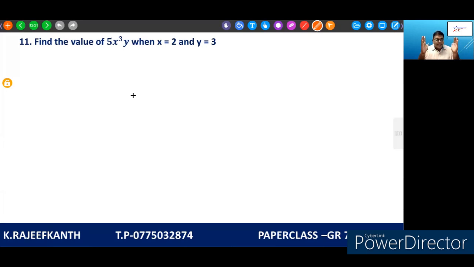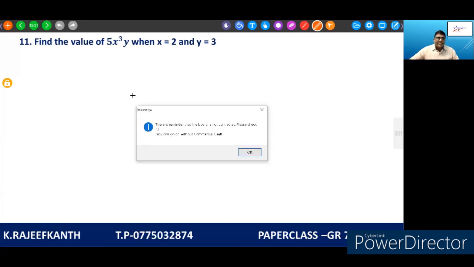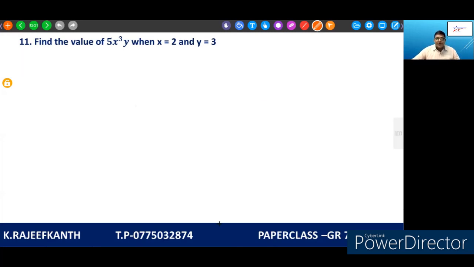We have to find the value of 5x^3y when x equals 2 and y equals 3. So you can substitute the values for x and y. Here the expression is 5x^3y. Here x is equal to 2 and y is equal to 3. Now by substituting we can find the value of 5x^3y.